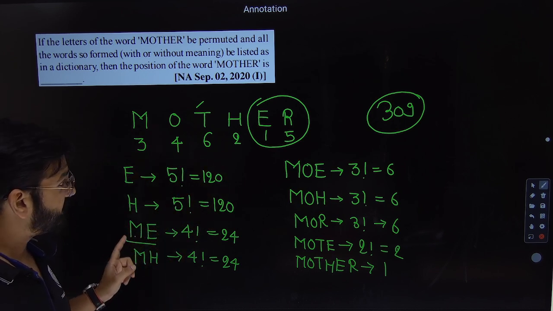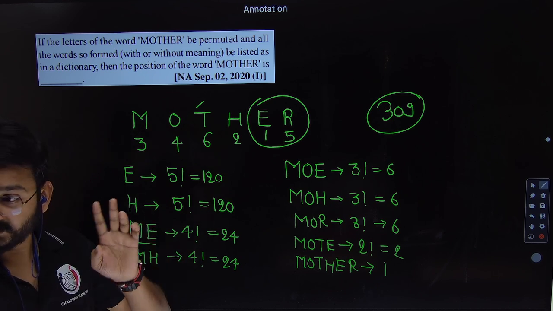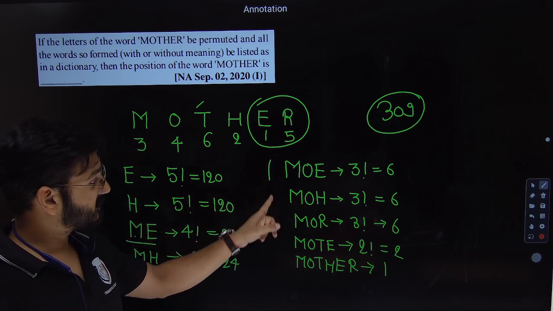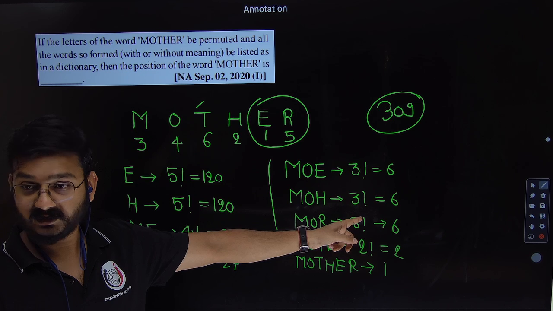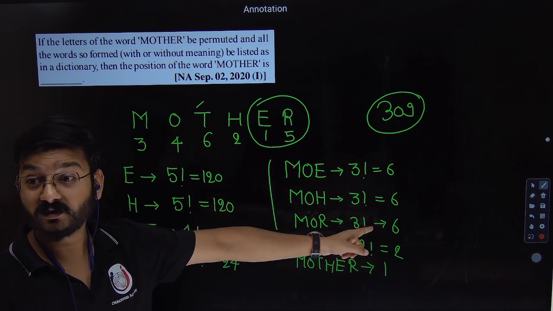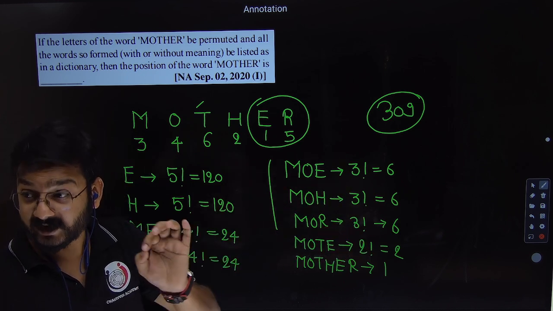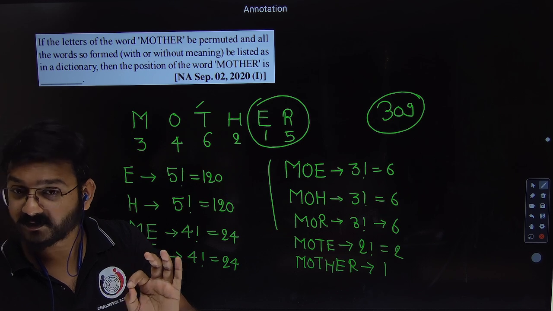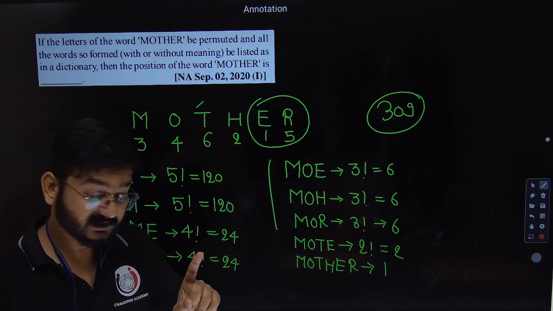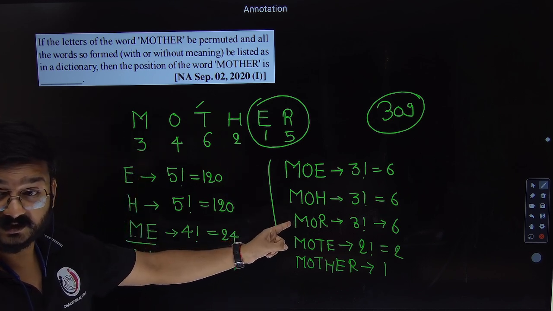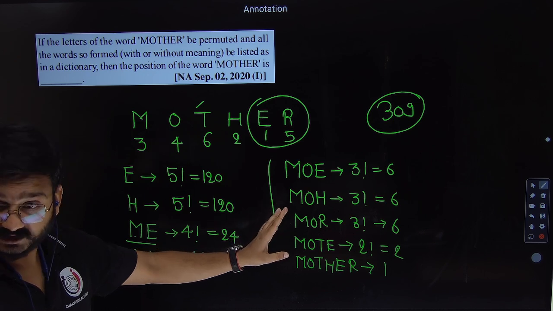Then I will have ME, MH, 4 factorial 2 times. Then I will have this 3 factorial 3 times. Till here, you can do calculation in your mind. If you have practiced, if you have not practiced, you have to write. If you have practiced enough till here, you can do within 10-15 seconds.